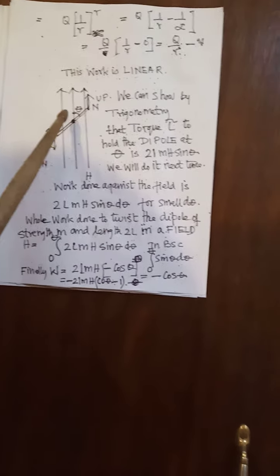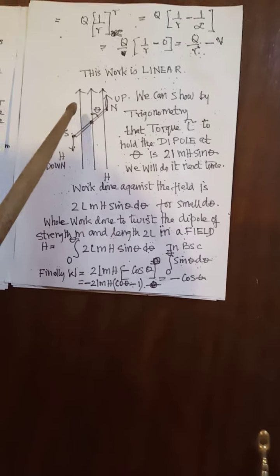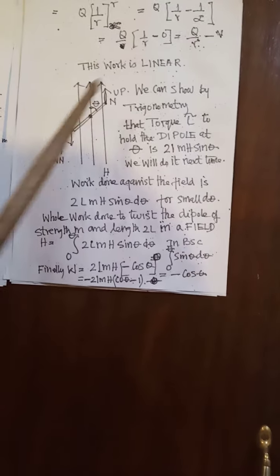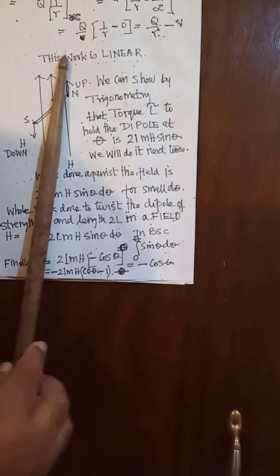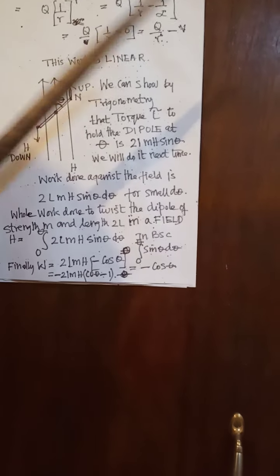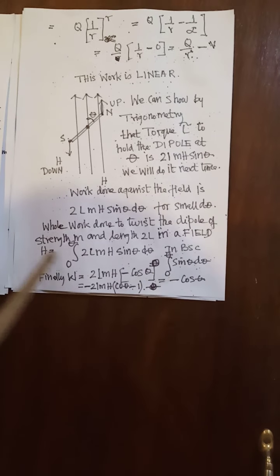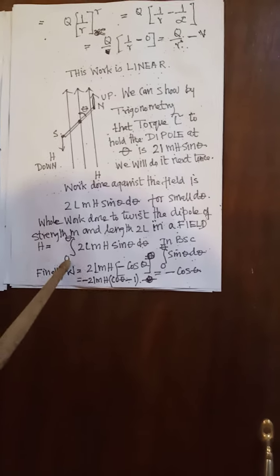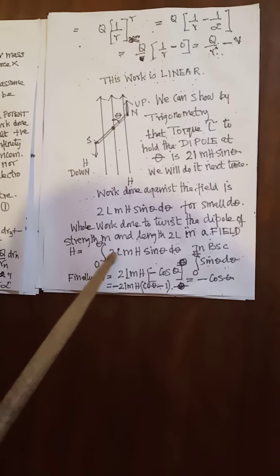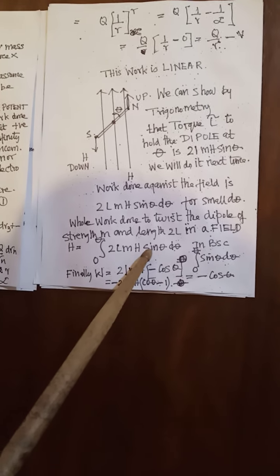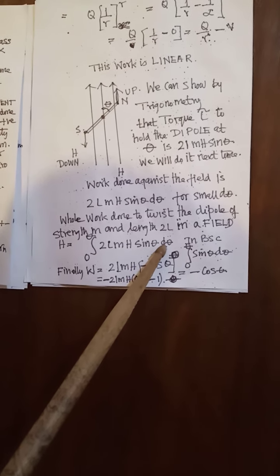So 2LMH sine theta. Now I want to find what is the work done in bringing this dipole from 0 to this angle. So here this integral calculus will come. The work done is the integral from 0 to theta of 2LMH sine theta d theta.